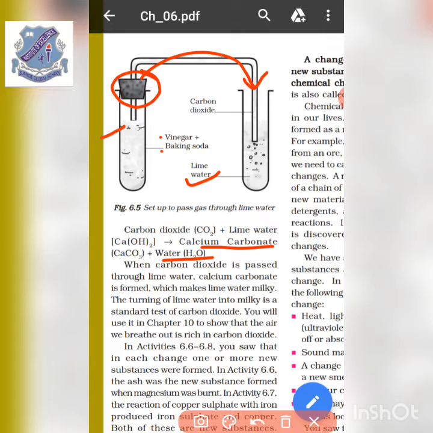When the lime water and carbon dioxide mix, they give calcium carbonate, that is CaCO3, and water, that is H2O. So when carbon dioxide is passed through lime water, calcium carbonate is formed, which makes lime water milky. The color of the solution will turn milky.